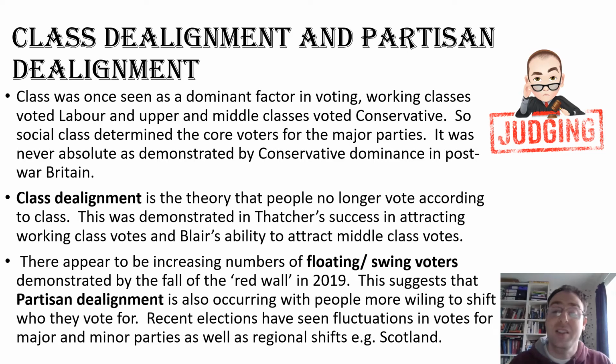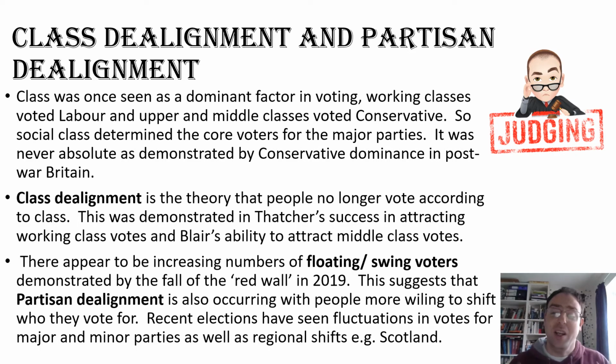We also see it continue with Blair's government and Blair's ability to attract the middle class vote. So we see both the Conservatives and the Labour Party, when they're at their most successful, stepping outside that core vote and attracting voters from class groups that you wouldn't normally associate with them.